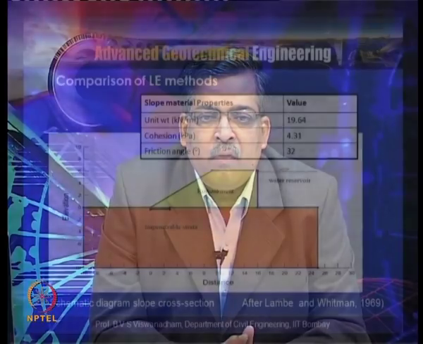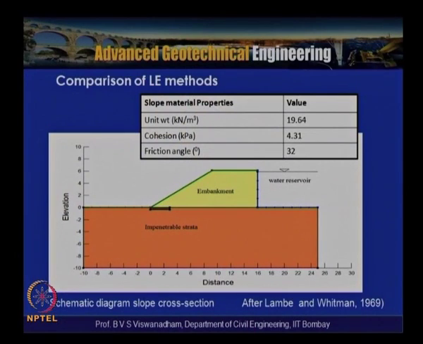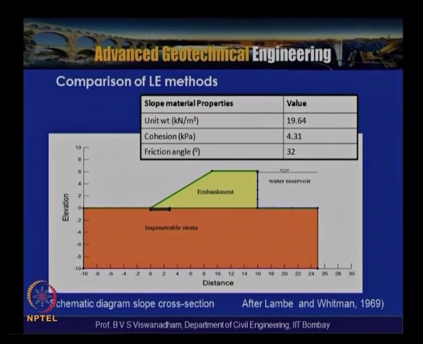Let us discuss an embankment which is a dam, a water reservoir with an impermeable stratum at the base. This is the embankment constructed with a material having unit weight of 19.64 kN per meter cube, cohesion of about 4 kilopascals, and friction angle of about 32 degrees.